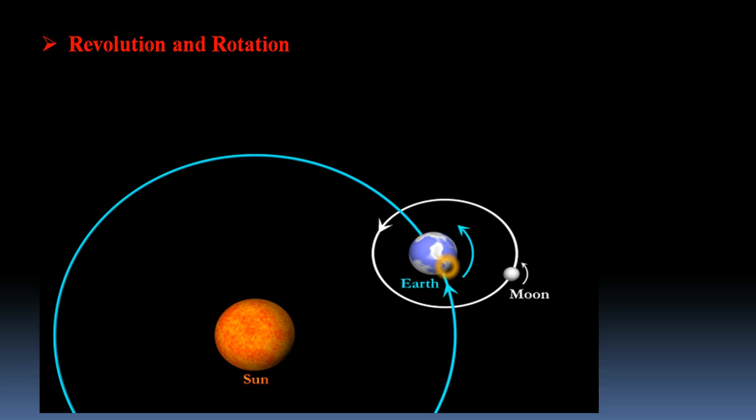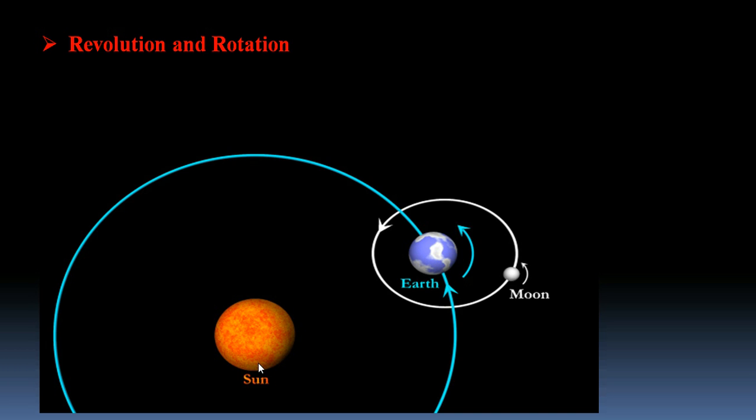Now let's come to earth. Earth not only moves around the sun, but it also turns around its own axis. That is rotation, where earth is not moving around any other object, earth is turning on its own axis. That is called rotation.